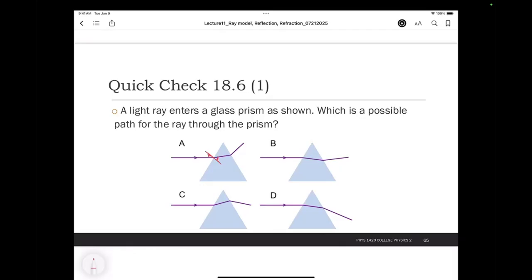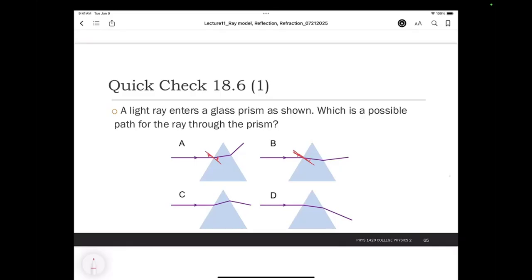Let's talk about this one. You can see the angle becomes smaller, which means the index of refraction becomes bigger, and this one is right.